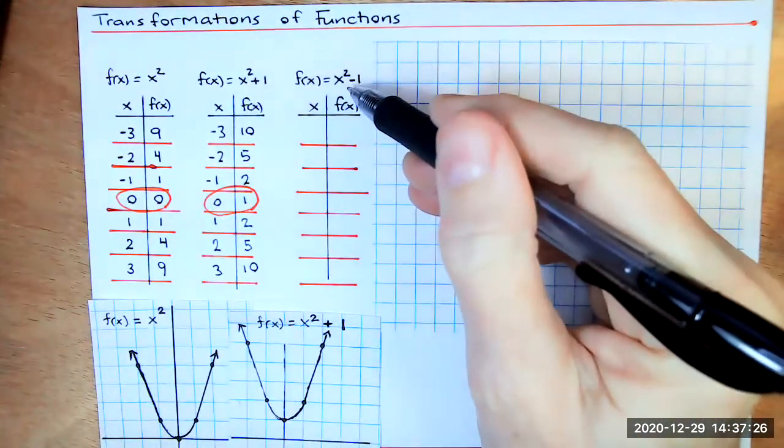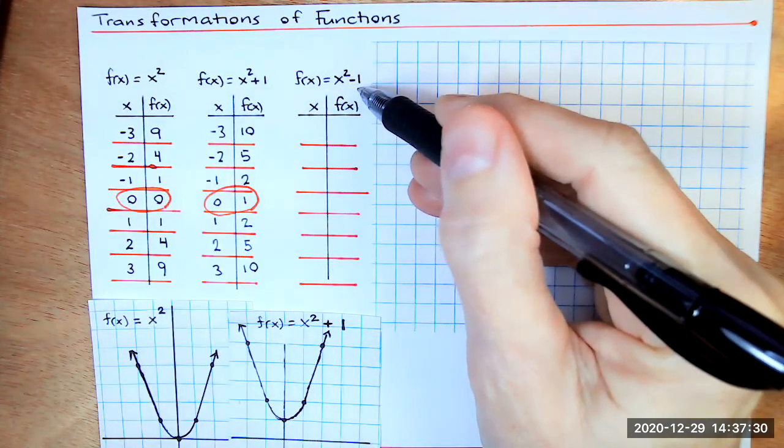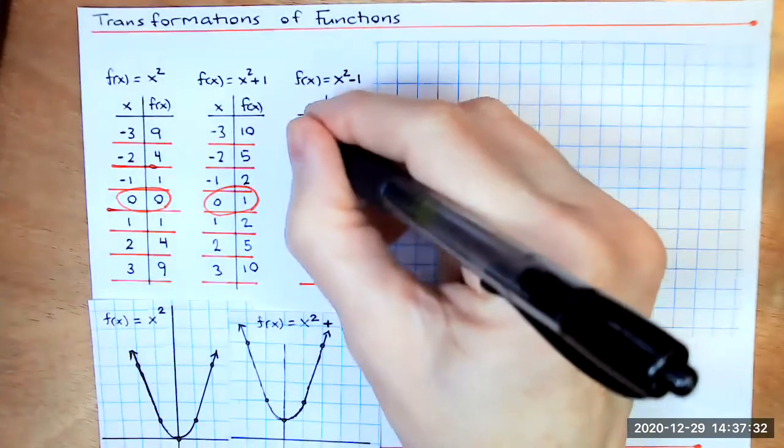So what do you think will happen if we graph x squared minus 1? Let's put in the same x values.